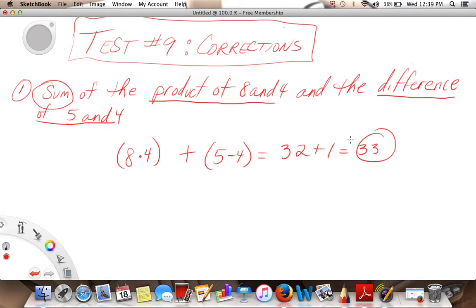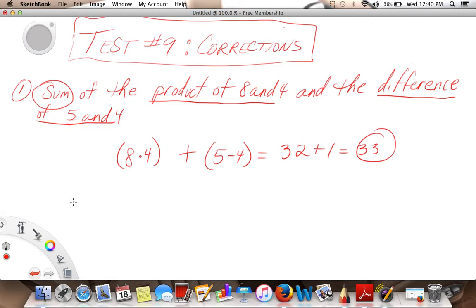Since I have this information with me, you gave 31 as a solution. So that's number 1. So just make sure you add that part right here. And so what you did was you got 32 here from 8 times 4 and then subtracted the difference of 5 and 4. So that was the difference of what you did.